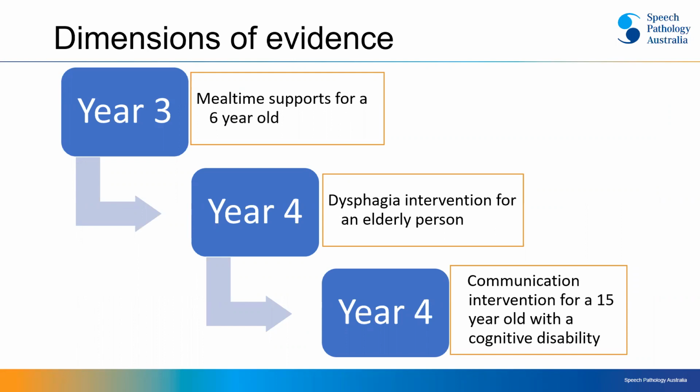In this example, knowledge and skills learned and demonstrated in one lifespan context in Year 3 may also be assessed in Year 4 in relation to a different lifespan context and a different area of practice. Accreditors are interested in how this might contribute to a program's claims of their students' readiness to enter the profession.